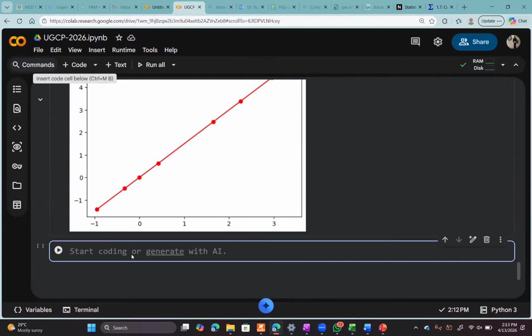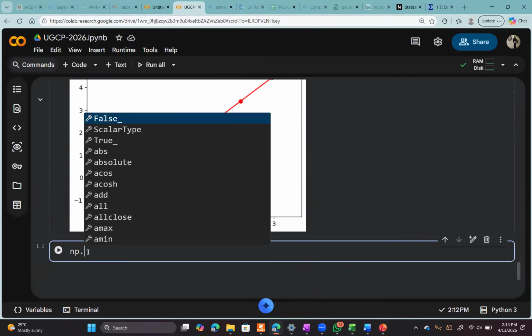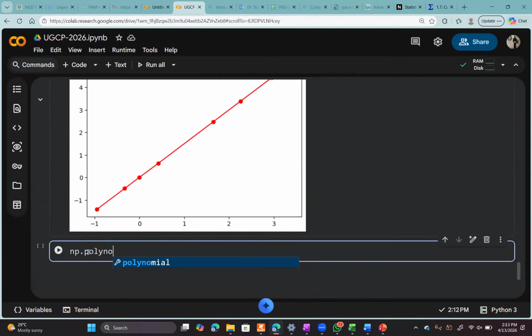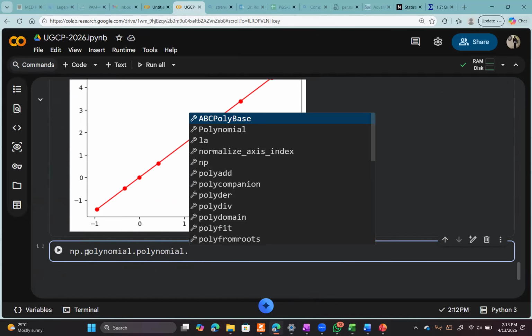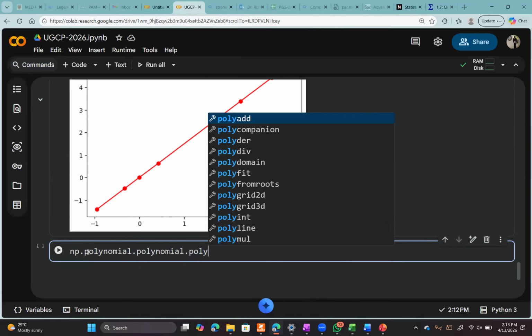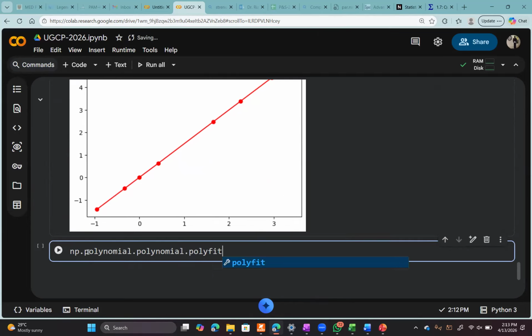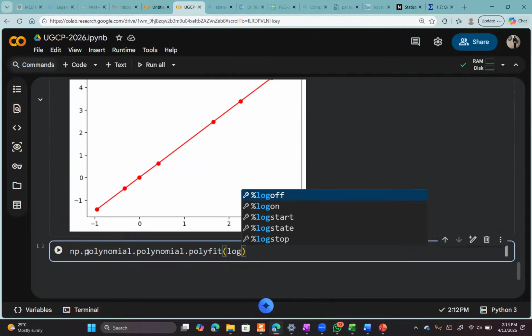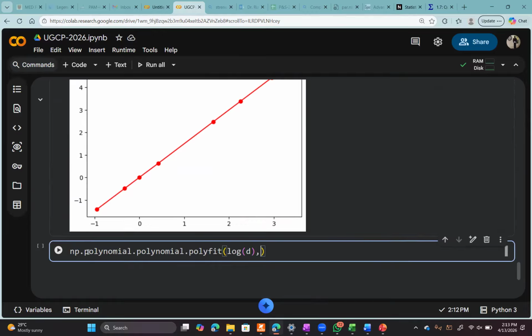So let's use the polynomial function. The numpy fitting function, numpy polynomial, then polyfit. In the polyfit, I would like to use log of d and then log of t, since I didn't reserve any special variables to store the log of d and log of t values.